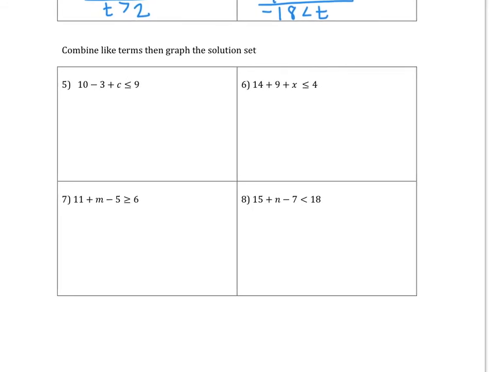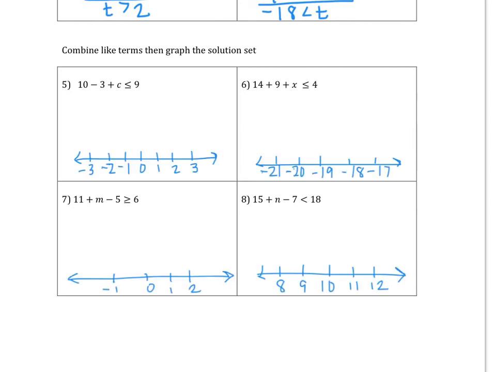Here we want to combine the like terms, then graph the solution set. Number 5, 10 minus 3 is 7, plus c is less than or equal to 9.